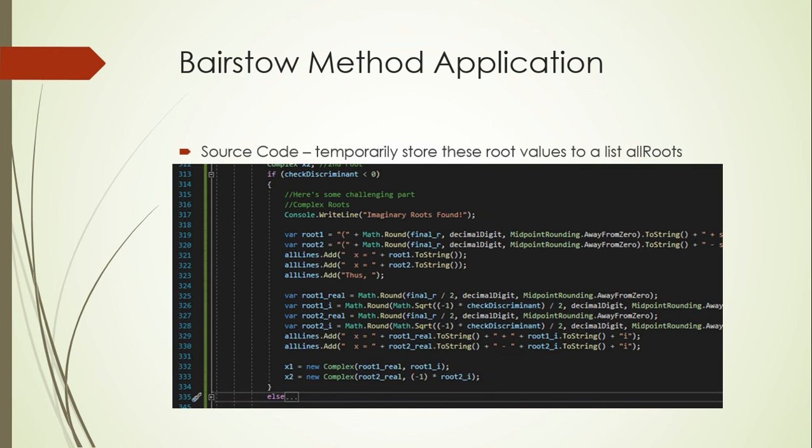Now that we have the two roots, the program temporarily stores these values in a list of all roots. As you can see here, there are root 1 and root 2.